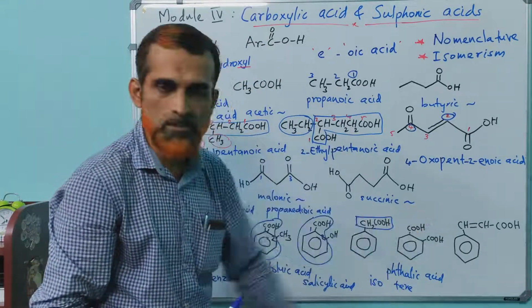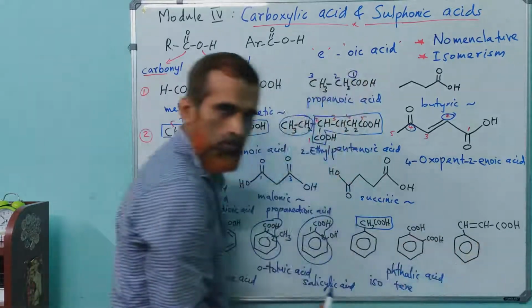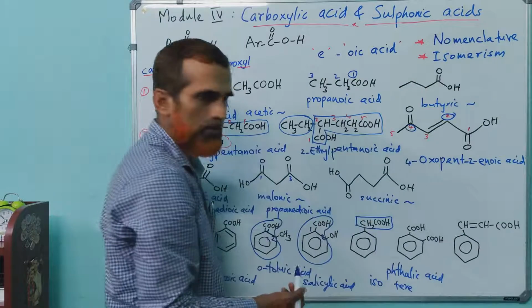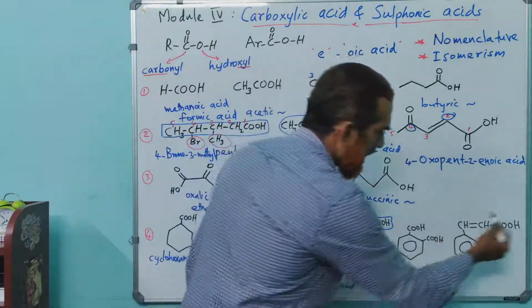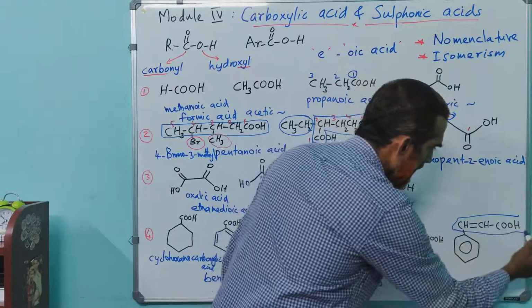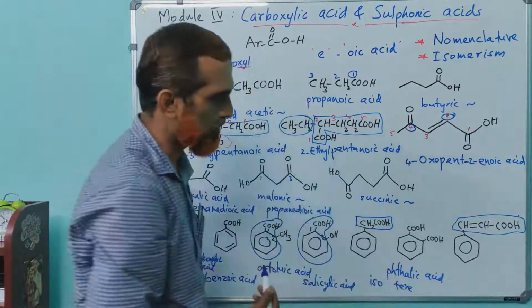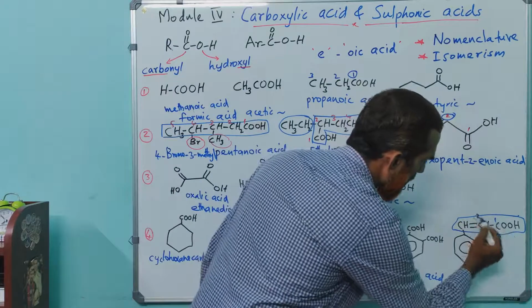And finally this one. Whenever the acid is connected to the aliphatic system, then it is better named as an aliphatic derivative, and here you call this a phenyl substituent. So numbering should be from here, 1, 2, 3.